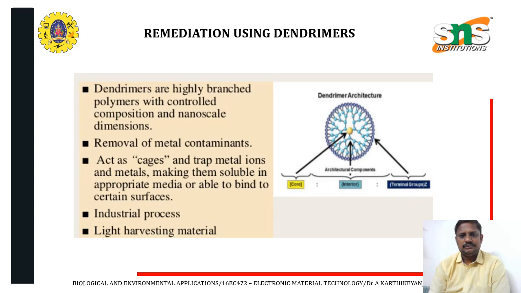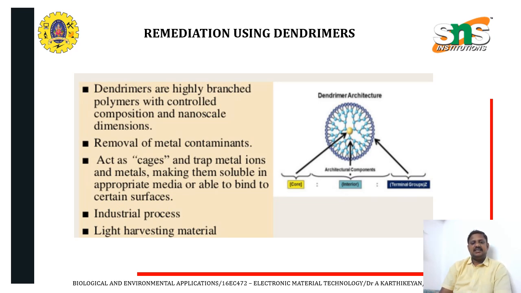And also the main ones are dendrimers. These nanoparticles are highly branched polymers with controlled composition and nanoscale dimensions, used for removal of metal contaminants.